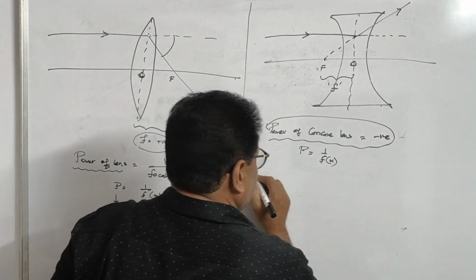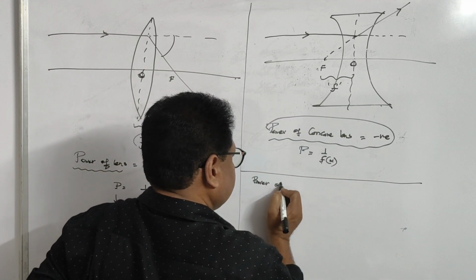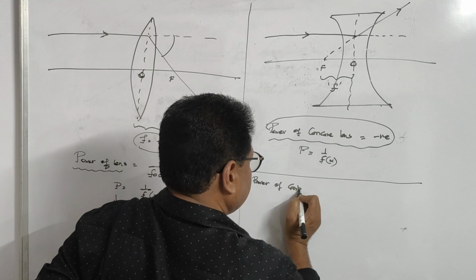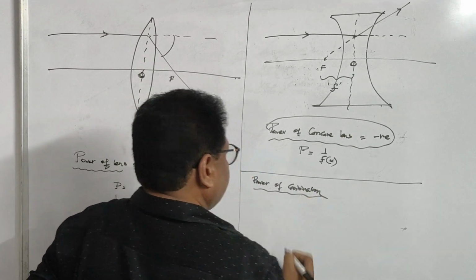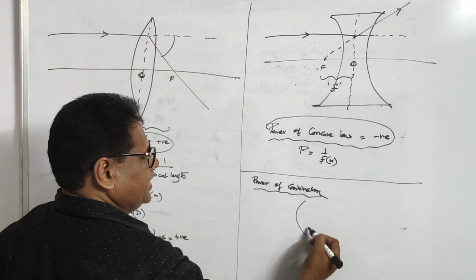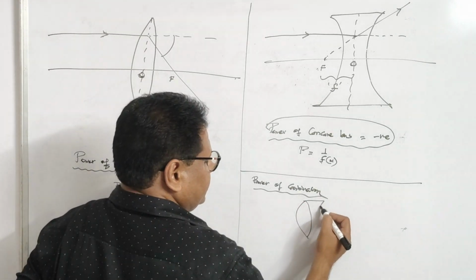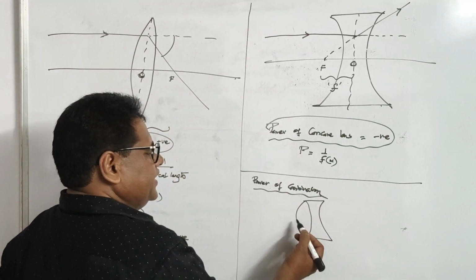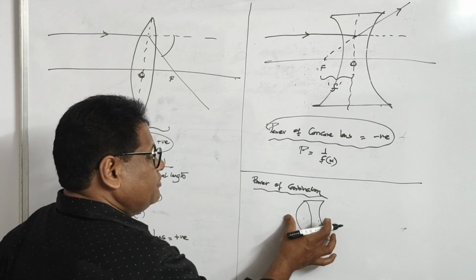Now let's consider the power of a combination. Power of combination means you consider the lens being a combination of convex and concave like this. Then the degree of convergence or divergence depends upon the algebraic sum.